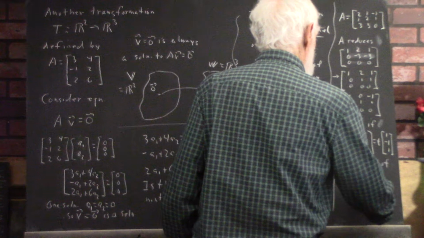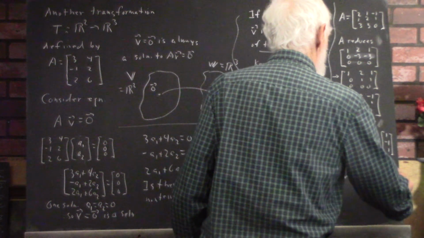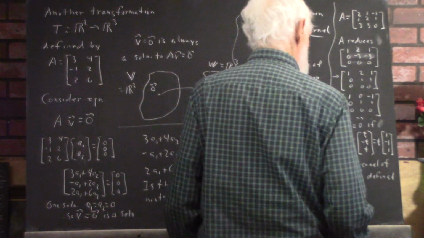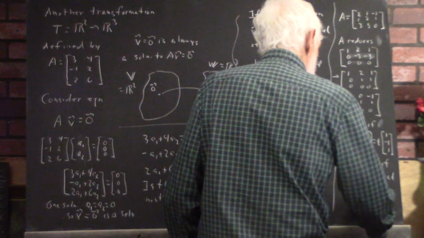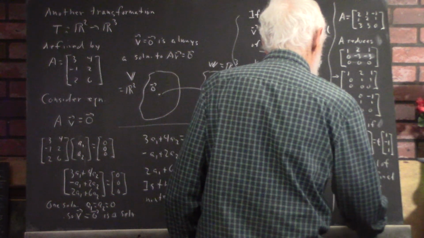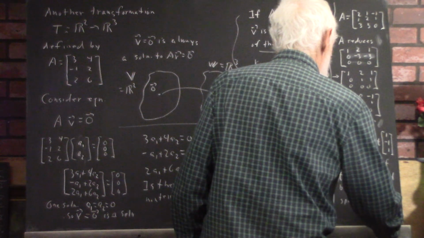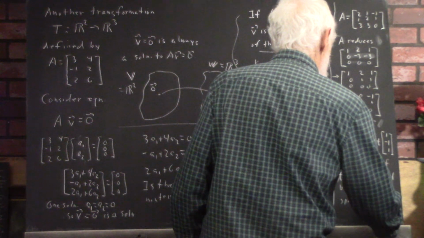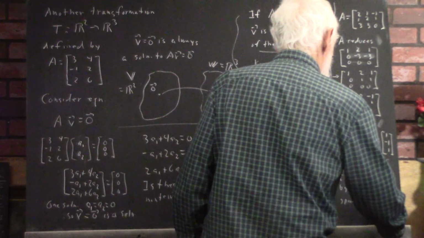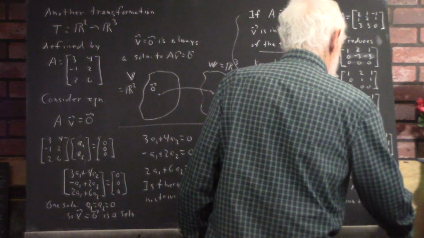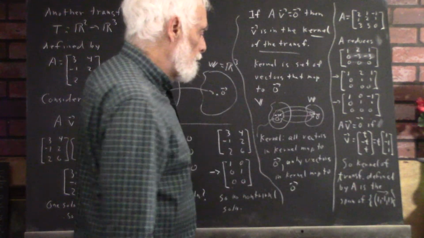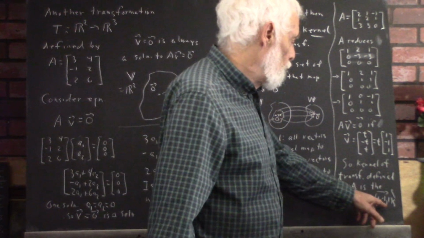The kernel of the transformation defined by A is the span of the set that I'll write as a vector in this form, the span of the set 1, negative 1, 1.